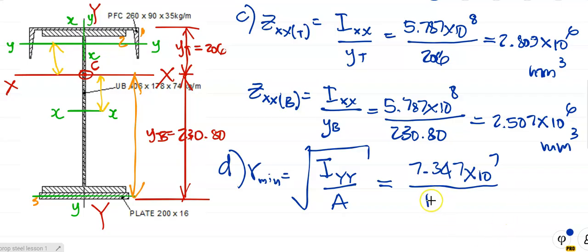Yep, 17170. And don't forget, it's the square root of the lot. So it is the square root of 7.347 times 10 to the power 7 divided by 17170.